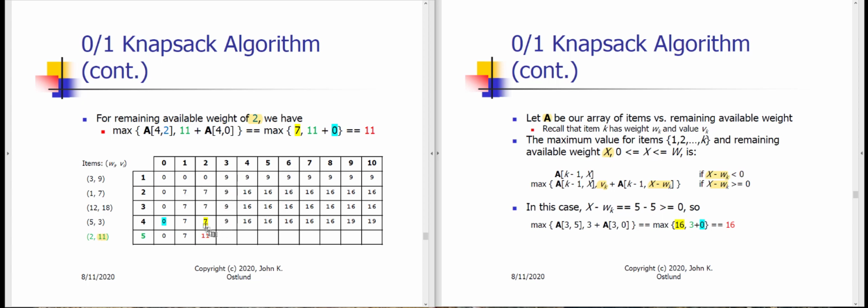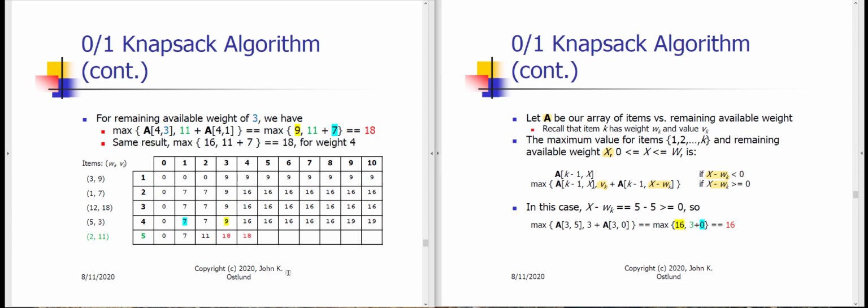So when we compute the maximum of either 7, the value above, or 11 plus 0, we see that the maximum that we can achieve there is 11 plus 0, which is 11. So by using item 5, if we only have 2 units of available weight remaining, we can get a maximum value of 11.